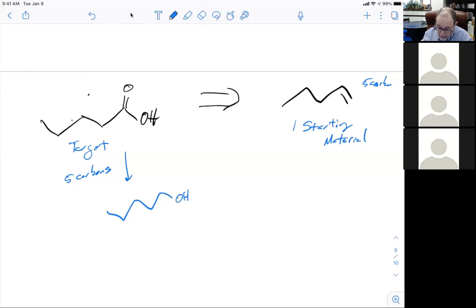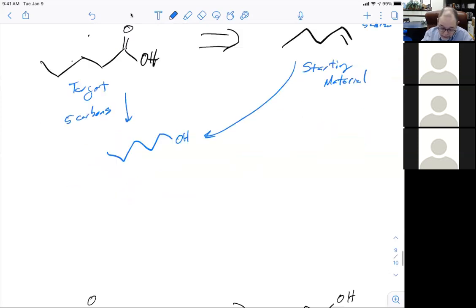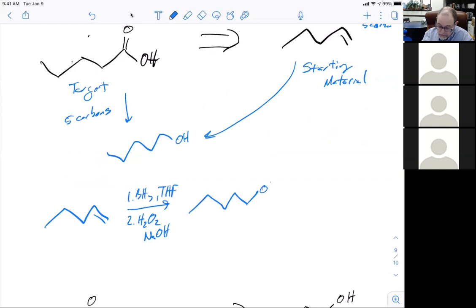And can we get from an alkene to a primary alcohol? Well, yes. So our process here is the anti-Markovnikov addition of water to give me the primary alcohol, and then I'm going to use something like sodium dichromate to oxidize that to the carboxylic acid.